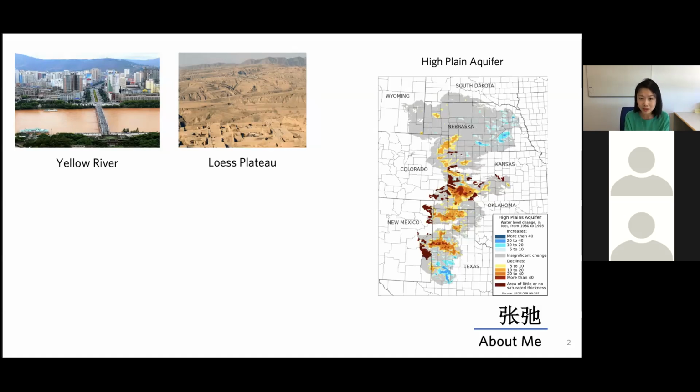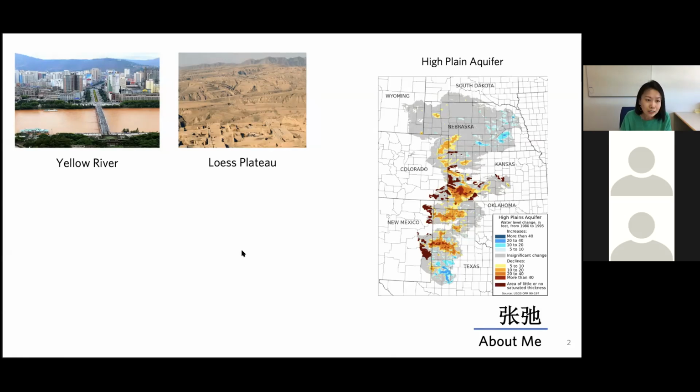It's also a center of a very important aquifer, the High Plains aquifer, which extends through 8 states and is a principal source of water for this region. This is one of the major agricultural areas in the US, and currently this aquifer is facing a serious depletion problem.